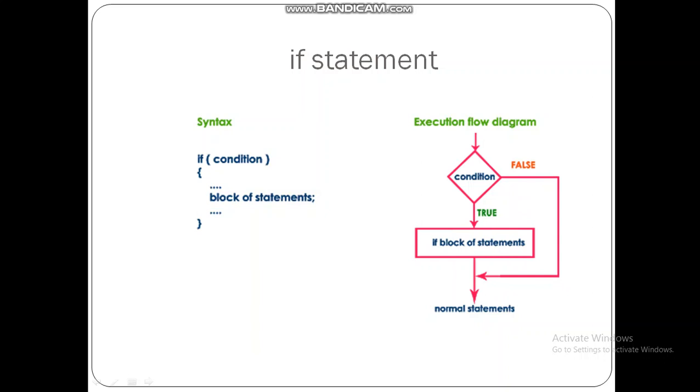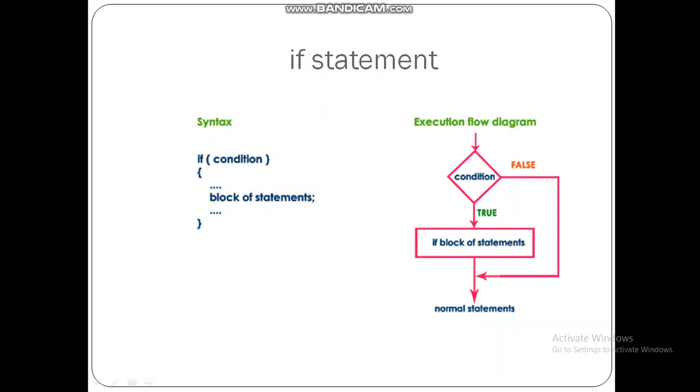So this is the syntax chart. First we are going to check the condition here. Since the condition is always checked in a diamond, we are using this symbol. Now if this condition is true, we are going to execute this block of statements, and if it is false, we are going to go to whatever statements follow this block.